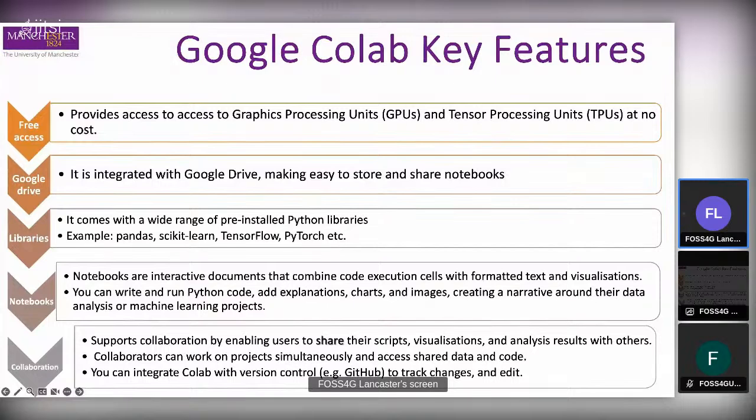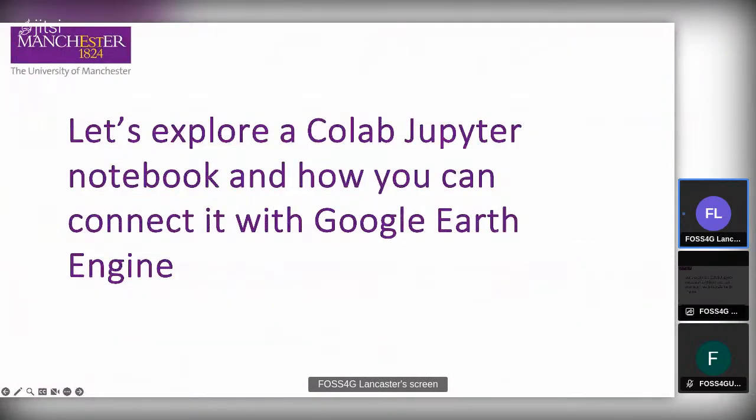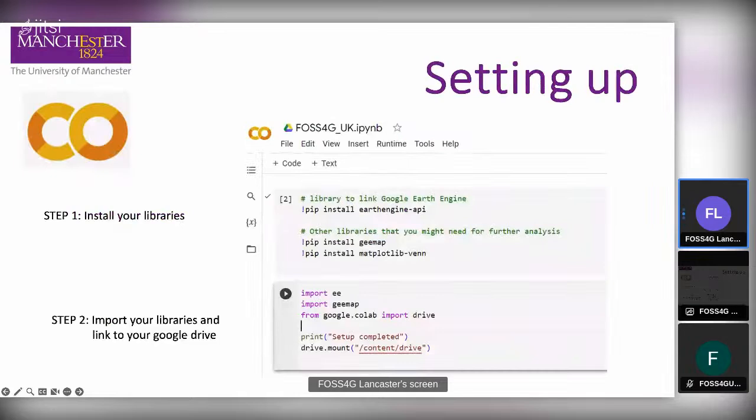So let's explore how we get into this, how we connect these two. Then we have our Jupyter notebook. We just type Colab. The first thing you need to do is install the libraries you want.